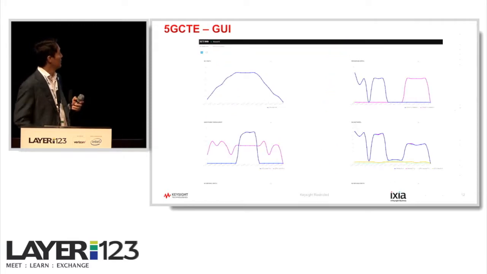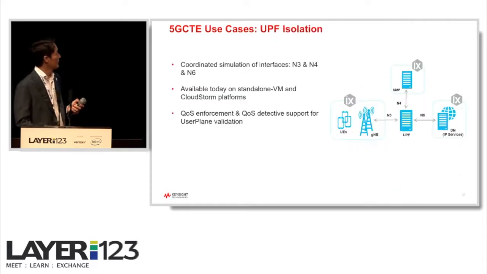And these are some of the screenshots when the test is actually running for the UE, like for example UE attachments, the actual throughput and the transaction rate for each of the interfaces.